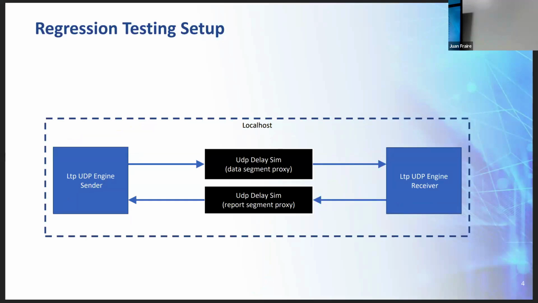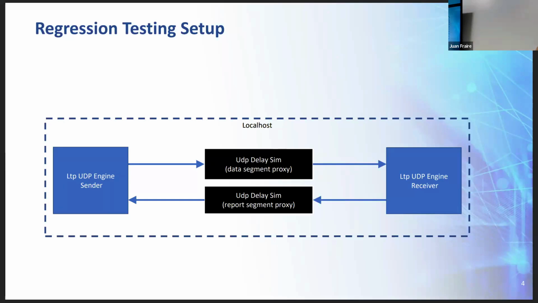One way to really wrap your mind around this asynchronous idea is taking a look at how we test our implementation, our regression testing. The way we test our implementation of LTP, we set up an LTP engine that's a sender. You see that in blue on the left, and then a receiver on the right.